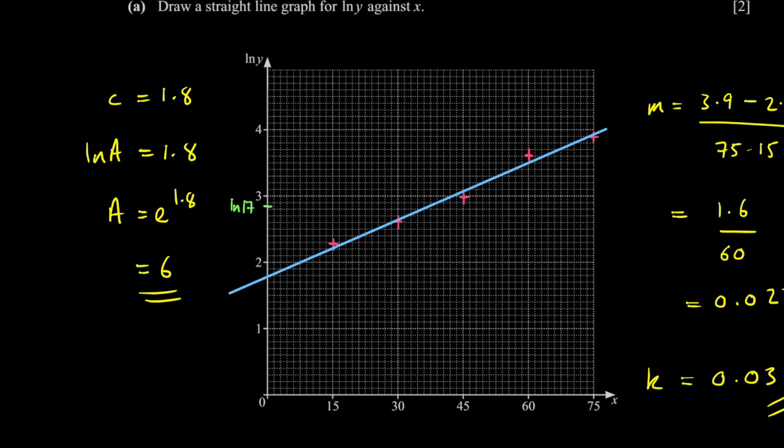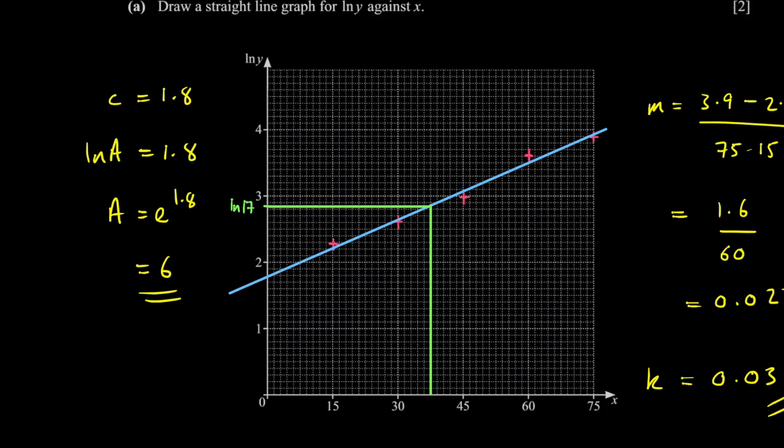So if we draw a straight line across, we can read it straight down, and we get an x value there. That x value is halfway between the 30 and the 45, isn't it? So 30 plus 45 divided by 2, I get 37.5, something like that. And again, I'll just check the mark scheme, see if they got a value in that kind of ballpark.